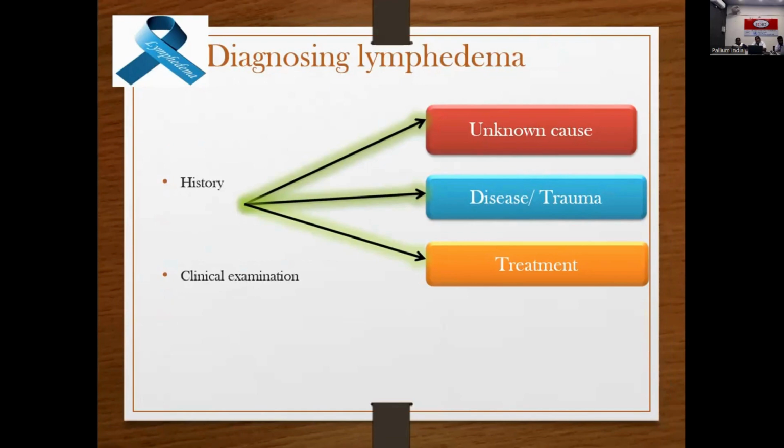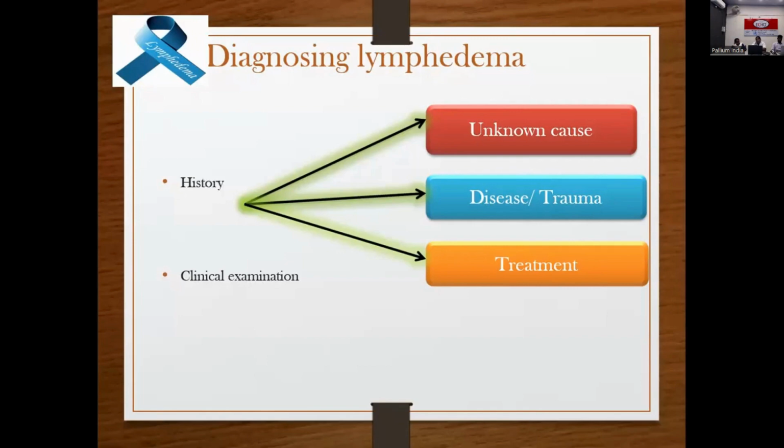Check all the records and reports available with them. Any scanning reports or anything, you have to go through that and confirm whether it is lymphedema or something other than that. So history collection is very important for diagnosing lymphedema.